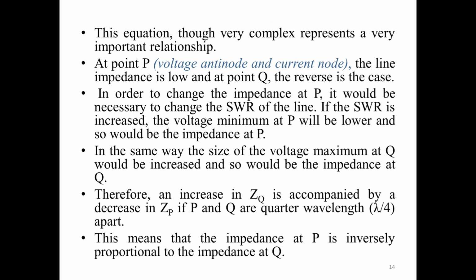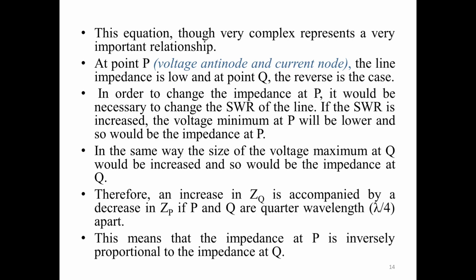This equation, though very complex, represents a very important relationship. At point P, that is voltage antinode and current node, the line impedance is low, and at point Q, the reverse is the case. In order to change the impedance at P, it would be necessary to change the standing wave ratio of the line.